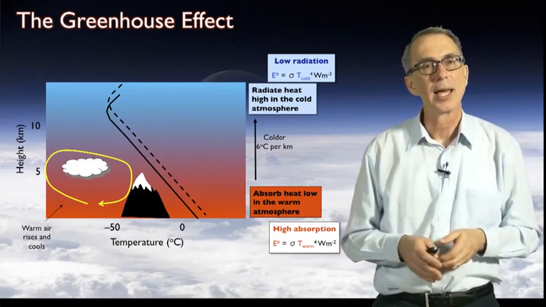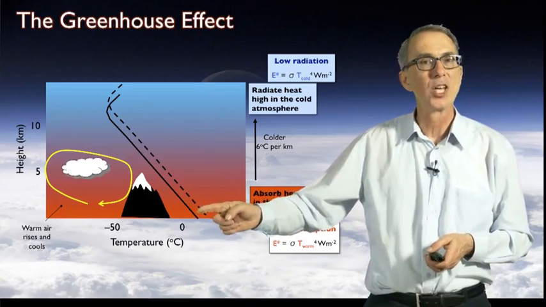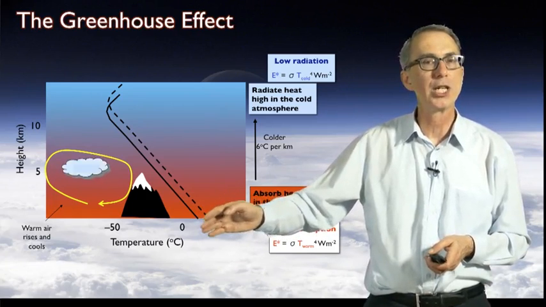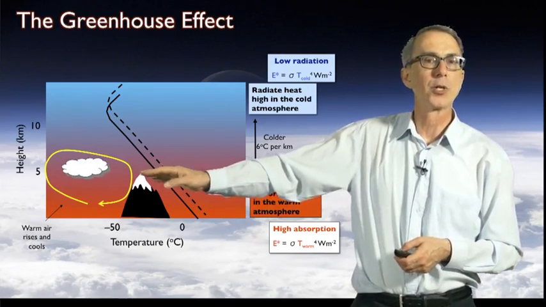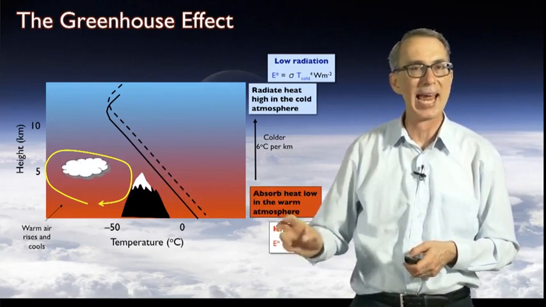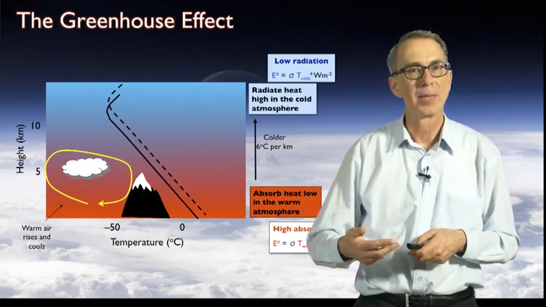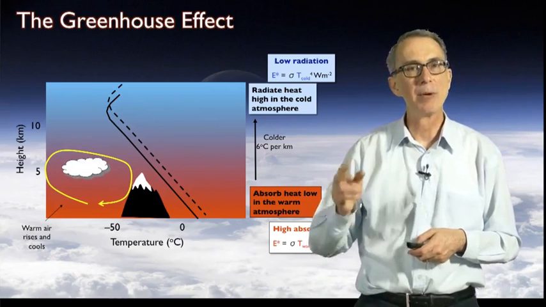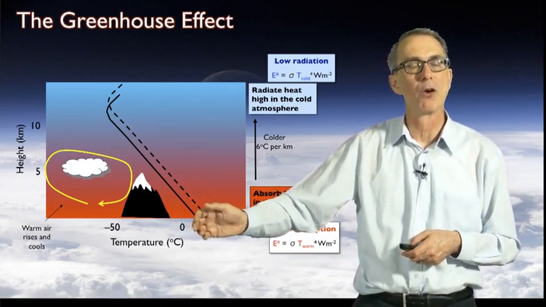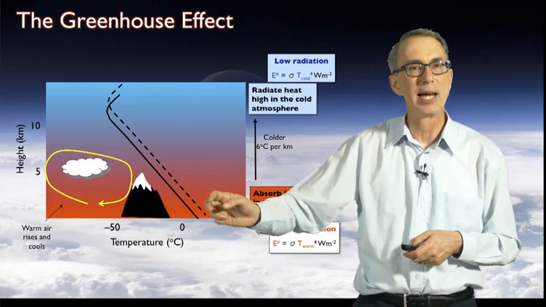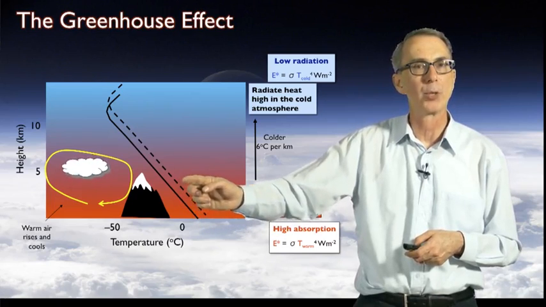Another way to think about it is as shown on this graph here. The black line is the typical temperature, and temperature decreases with height in the atmosphere. As we add more carbon dioxide, it makes the atmosphere more opaque. For the same amount of energy to be lost as heat radiation, we need to be at the same point in terms of temperature here.